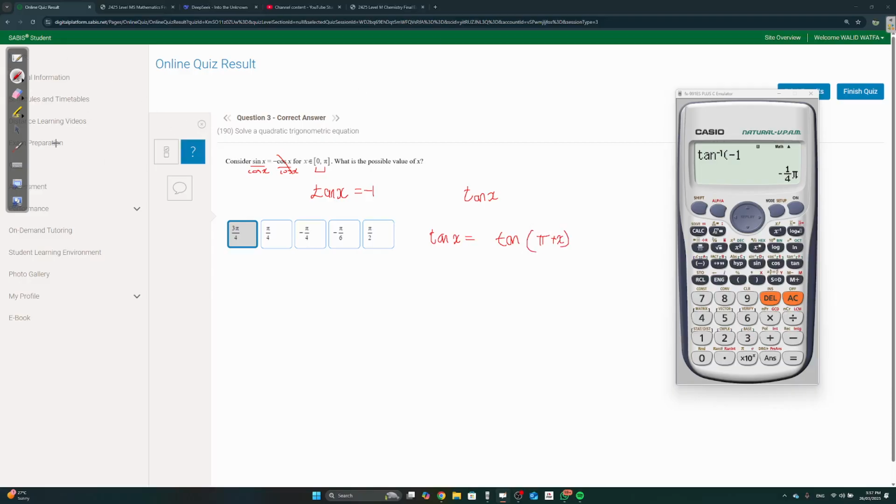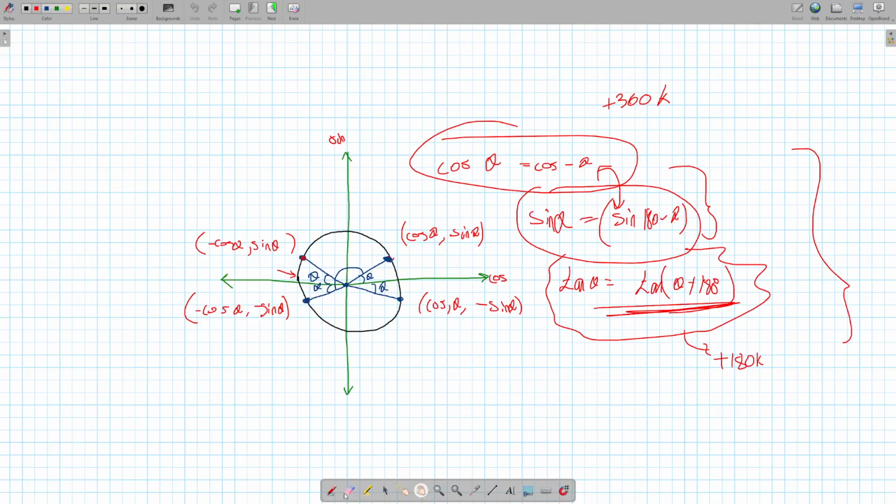If you remember, a long time ago, I drew for you the unit circle in chapter 7.3. Let me see if I can find it. Okay, I found it. Over here, remember I told you cosine theta is equal to cosine negative theta, right? You see the cosine theta, this is theta, this is negative theta. You see how they have the same cosine?